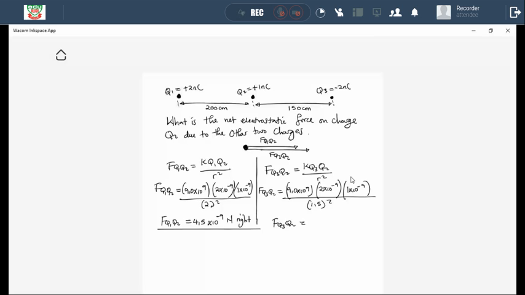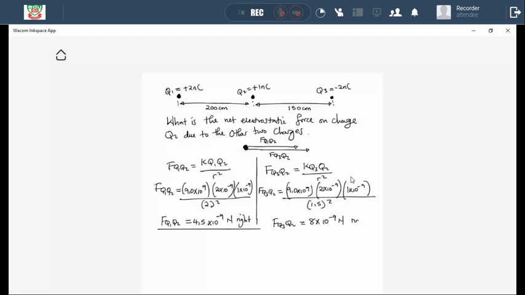Then I open 1 times 10 to the power negative 9. Right, you close there twice because you've opened twice. Then you open on the distance 1,5, you close, and that should be squared, and I'm getting, sorry, it's 8 times 10 to the power negative 9.